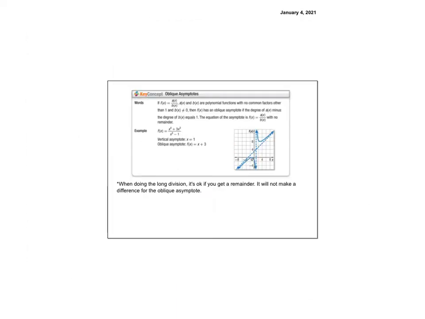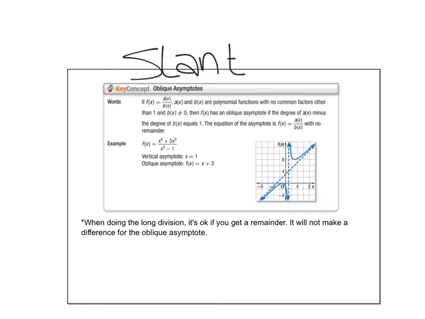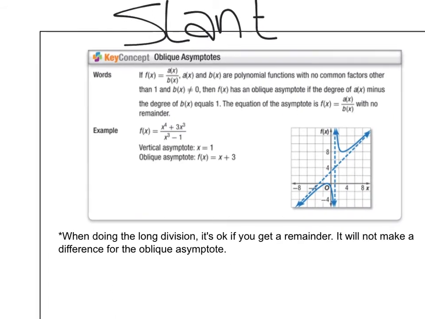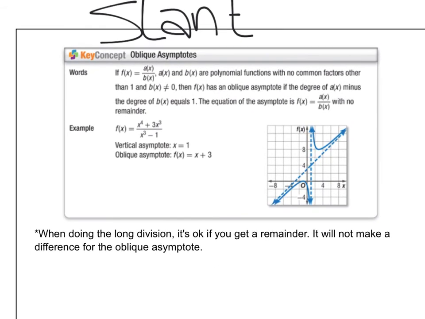The other one that I mentioned before was an oblique or a slant asymptote. Just depending on the problems you see, which will determine which terminology you see. Now, you'll know you have a slant asymptote if the degree of our numerator minus the degree of the denominator is 1.